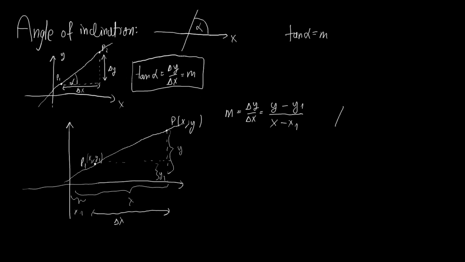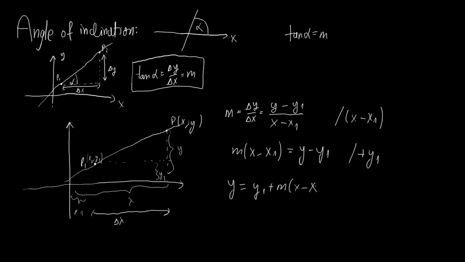And if you multiply both sides by x minus x1, you get m times x minus x1, that equals to y minus y1, and you can add y1 to both sides, and you get that y equals y1 plus m times x minus x1. And this is the equation that you call the point slope equation.